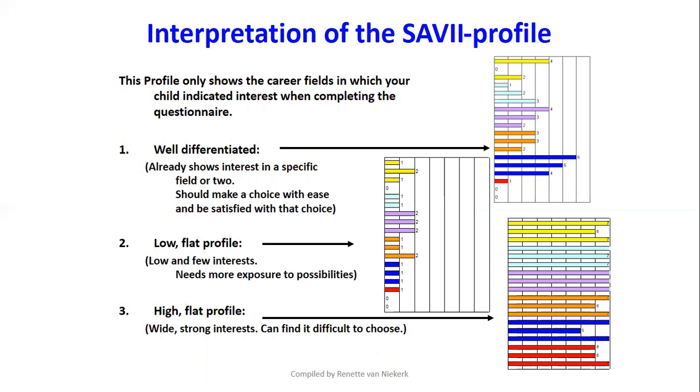And then a high flat profile is one of those where you are interested in absolutely everything, and the problem with that might be that you can find it difficult to make a choice between all those things that you are interested in, and that you might not be satisfied with your choice in the end, because there were so many other things that you were interested in as well.